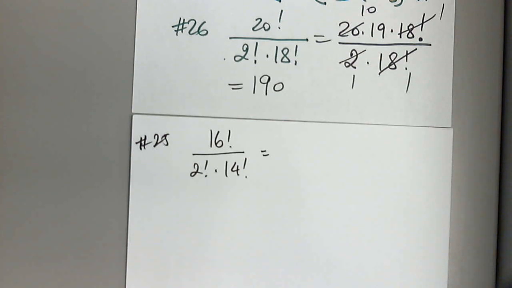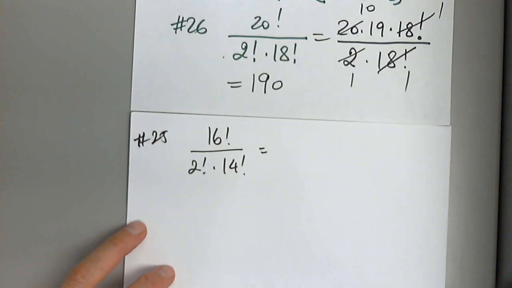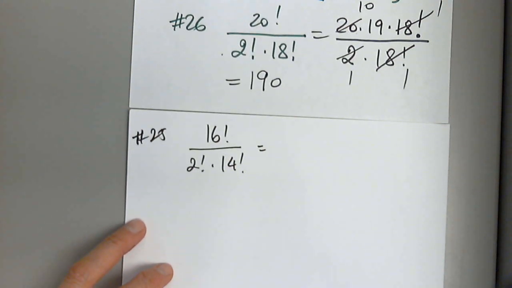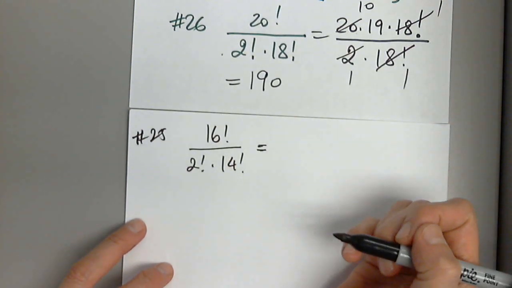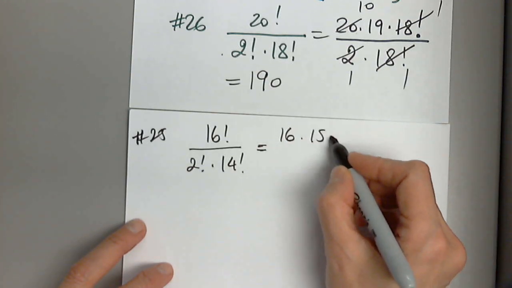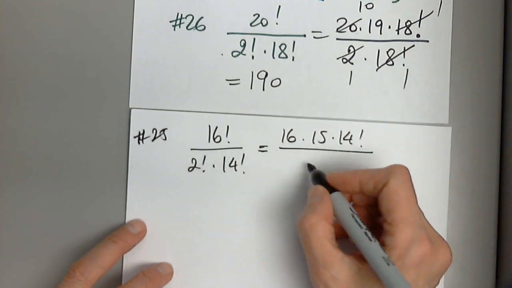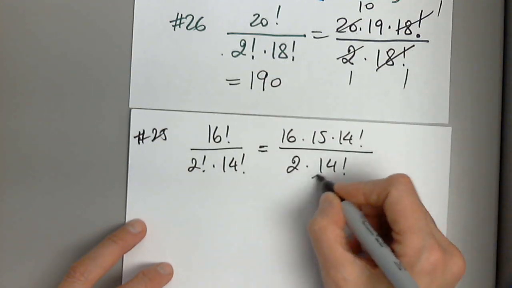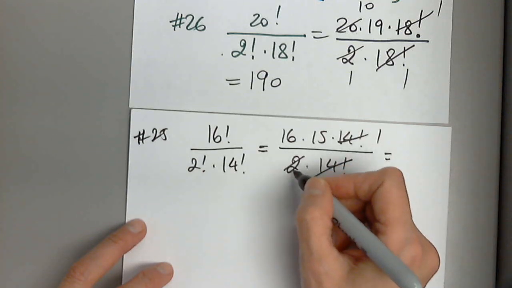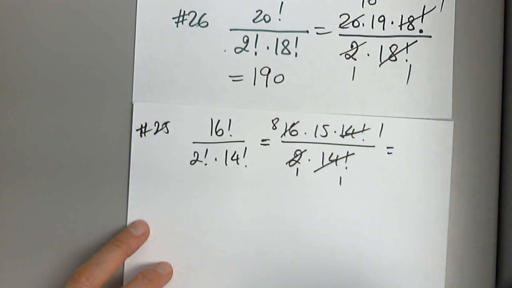You can, I'll show you in a minute. But I see that 16 is bigger than 14 and not too far away. So you'll write 16 multiplied by 15 multiplied by 14 factorial. And 2 factorial is 2, and 14 factorial, and I'll simplify again by 2, and I get 8 times 15.